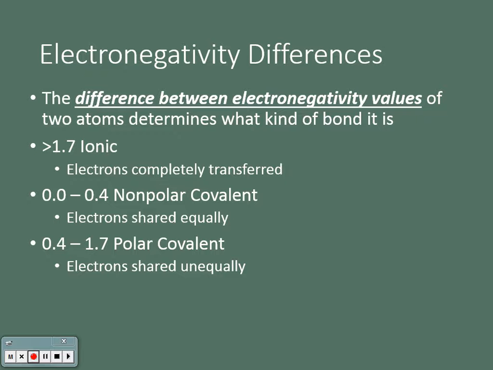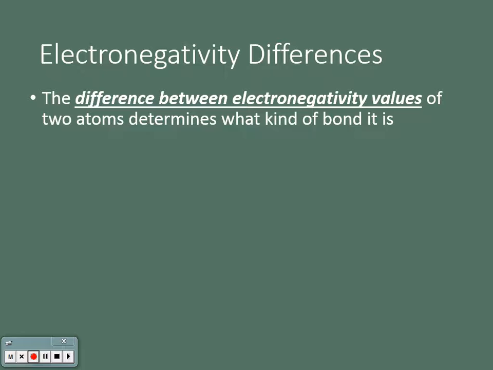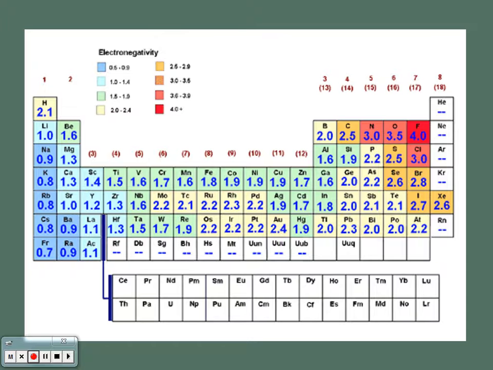Okay. What happens in an ionic bond? A metal loses electrons and a non-metal gains electrons. If we go back to this chart, electronegativity is how much atoms want to gain electrons.